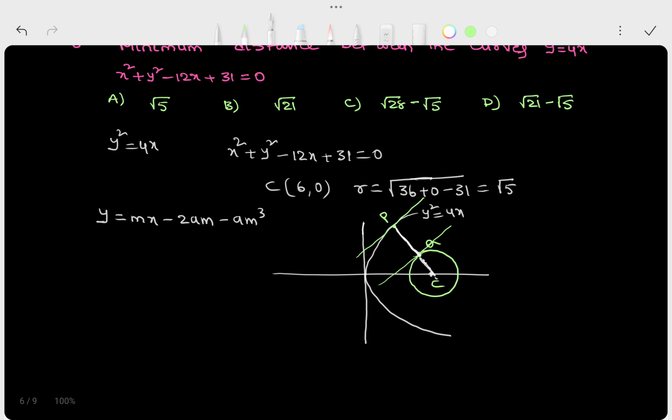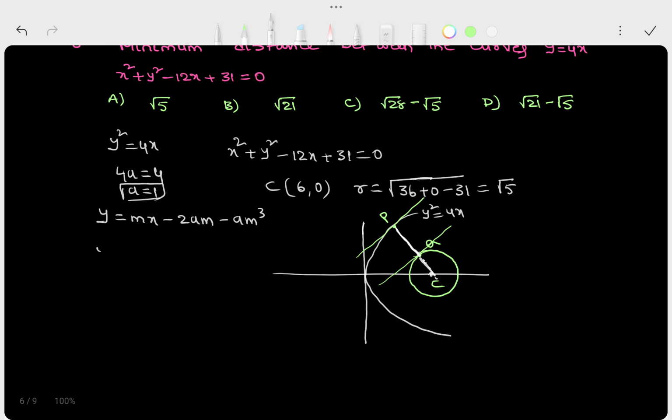This normal passes through the center of the circle, which is (6, 0). Here 4a is equals to 4, so a is equals to 1.